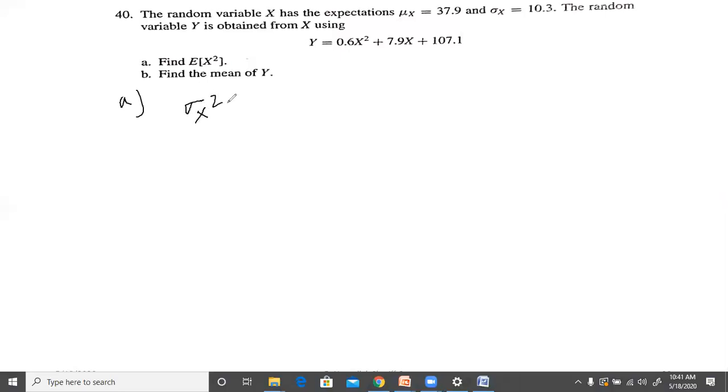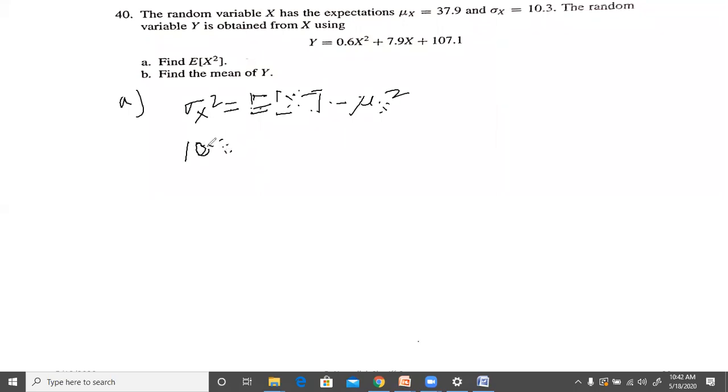Sigma x square is equal to E of x square minus mu x square. It's not writing properly. So this value is known, 10.3.